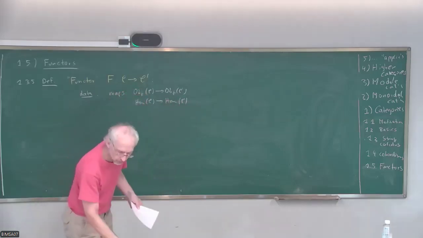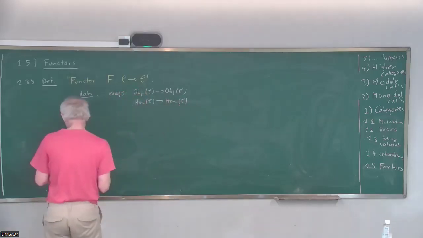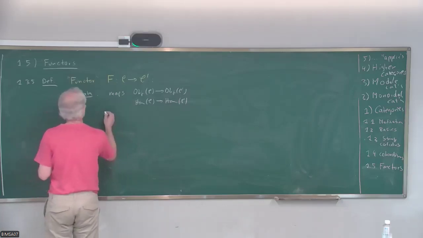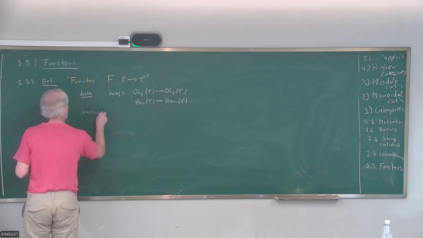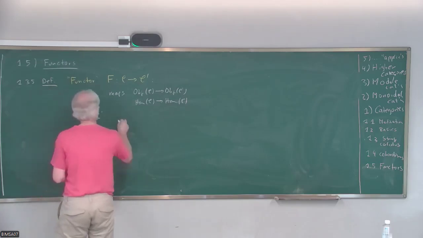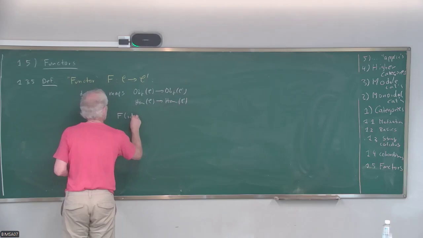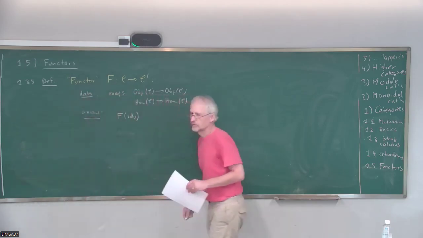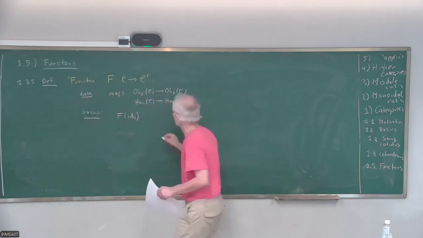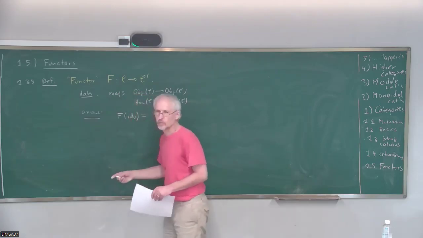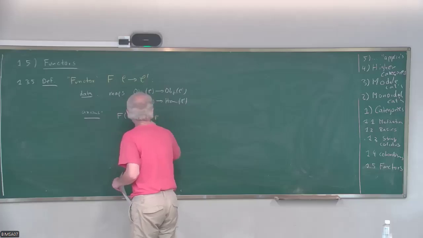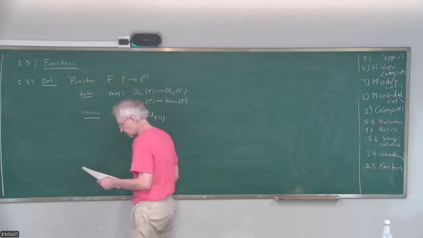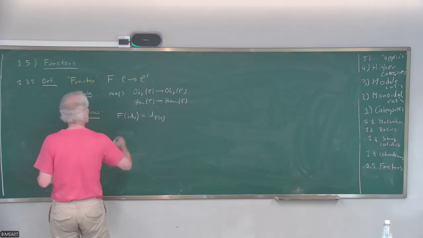And both of them we still call F. And then this should be compatible with the structures. So we have as axioms that if we apply the functor to an identity morphism, we get an identity morphism of the object which we get from V by applying the functor, for every V in C.